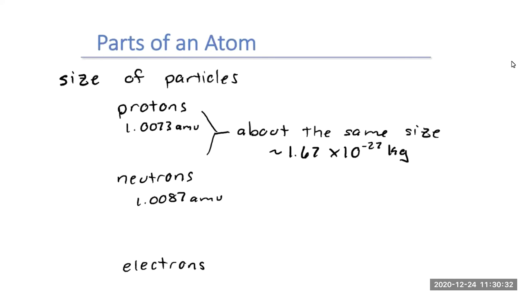Electrons, on the other hand, are really tiny. Electrons are so much smaller than our protons. The electron is about 2,000 times smaller than our proton.